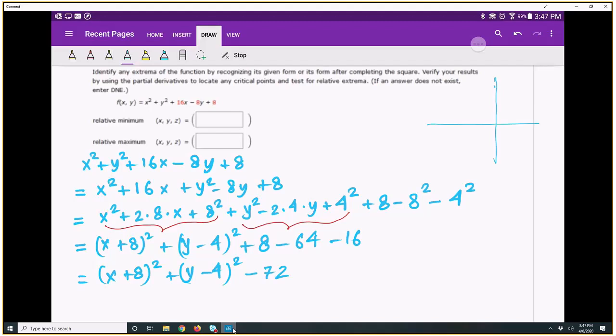I might have to make it a little bigger, but we'll start with this, and I have the center at negative 8. So negative 1, negative 2, negative 3, negative 4, negative 5, negative 6, negative 7, negative 8. And the y coordinate is 4, so I go to 1, 2, 3, 4. So my center of the circular region is here.